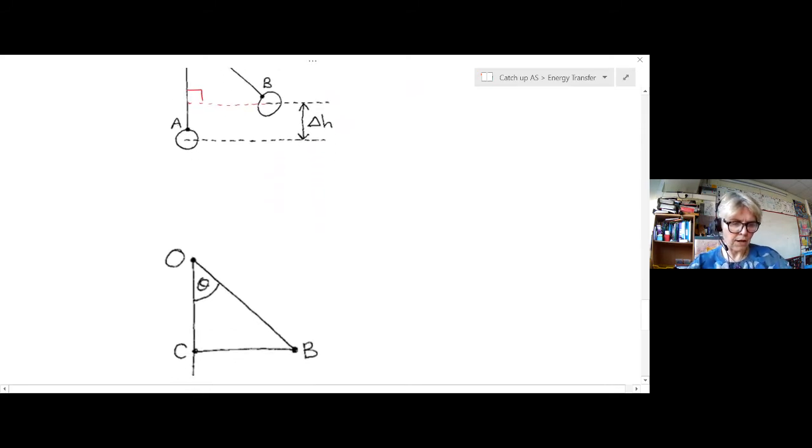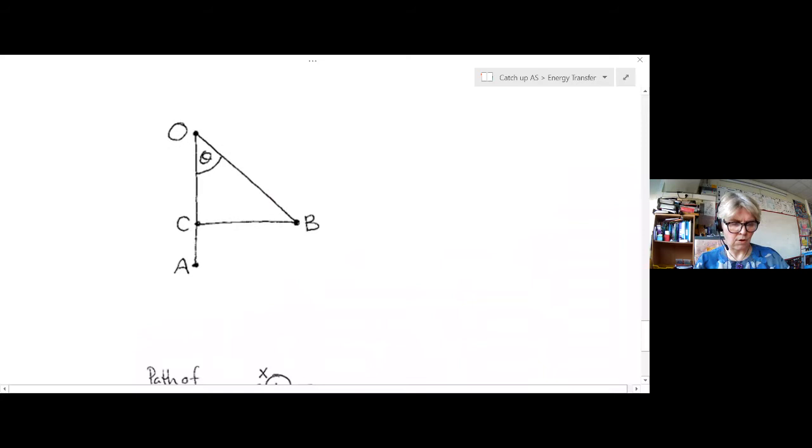So what we have now is a triangle, and this distance here is the change in height, and we've got length L here and we've got theta here. Remember that B is where the ball is, A is where the ball ends up. So this whole length here is also equal to L.